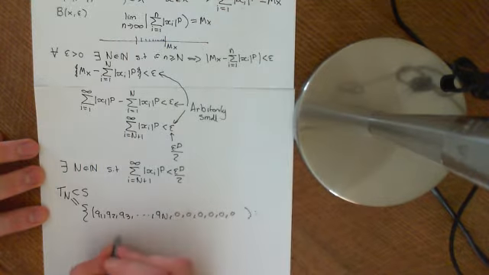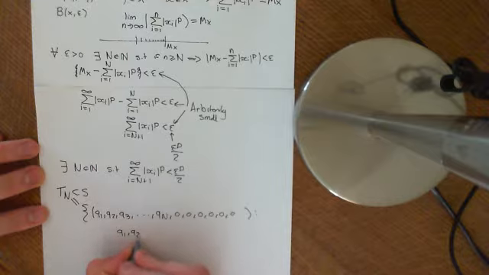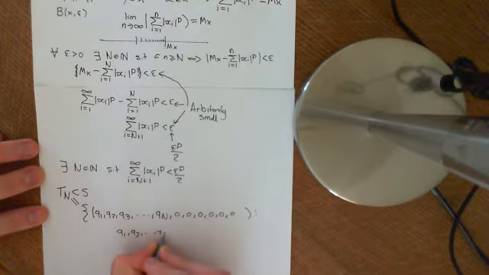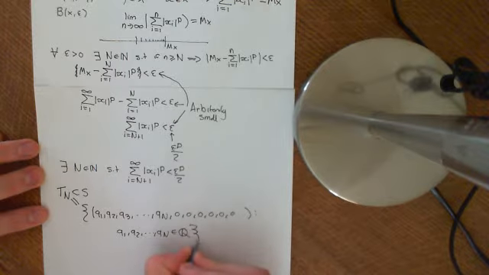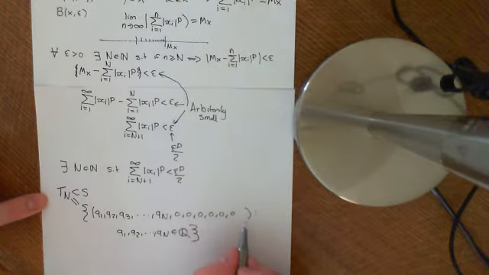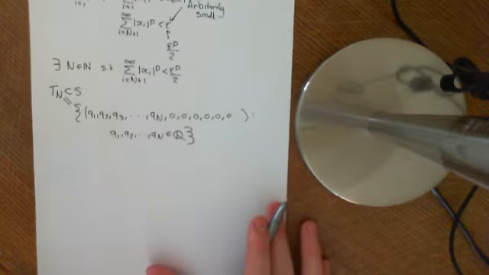The first n terms, q1, q2, all the way up to qn, can take on any rational value. So this was a set of sequences, basically.